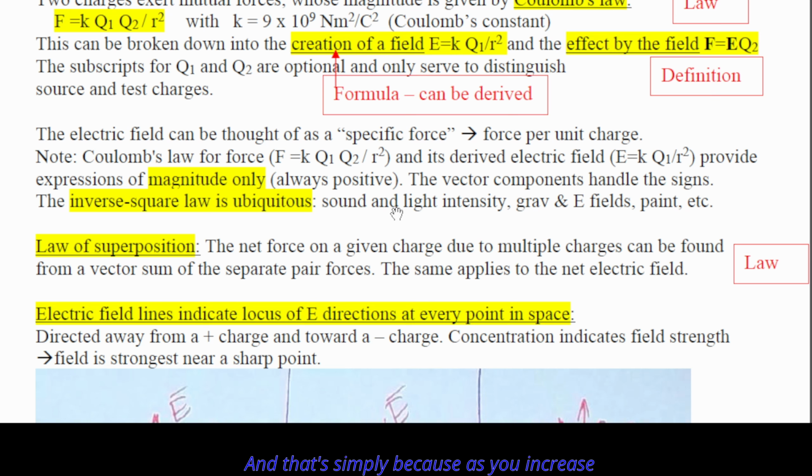And that's simply because as you increase the distance, the stuff that's being projected outward, whether it's an electric field or spray paint or whatever, is spreading over a bigger area. And that area is proportional to R squared. So the field or other entity like paint gets diluted as 1 over R squared.